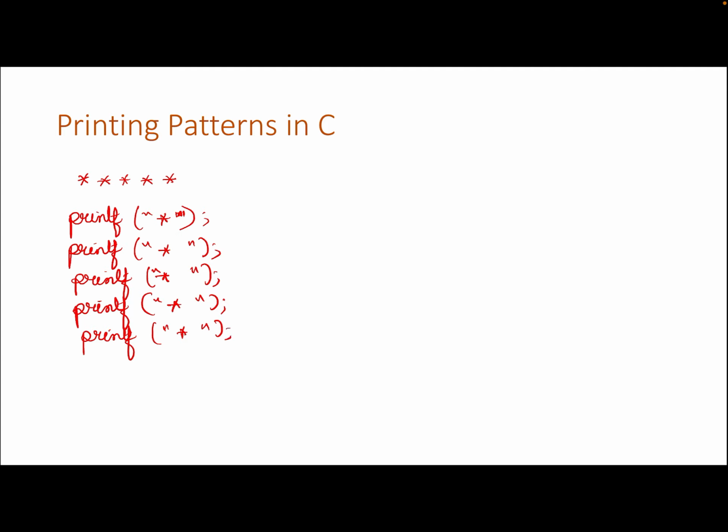Now, when the concept of loops came, instead of writing these 5 multiple printf statements, these repeating statements can be written inside loops. Okay, so these 5 lines are reduced to a loop.